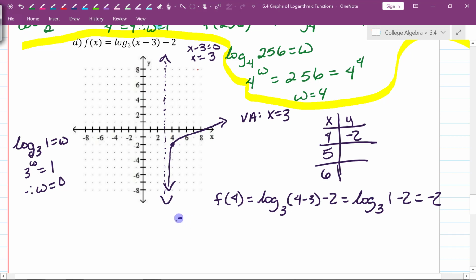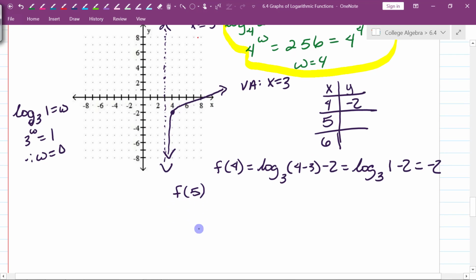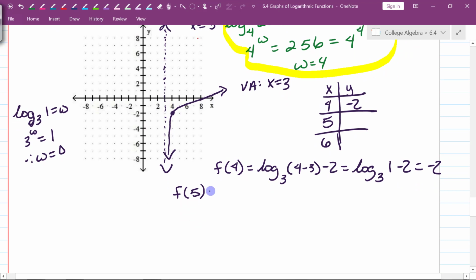My next one is f of 5. I'm going to scroll up just a little bit. So this is going to be equal to log base 3 of 5 minus 3, minus 2. So this becomes log base 3 of 2 minus 2.